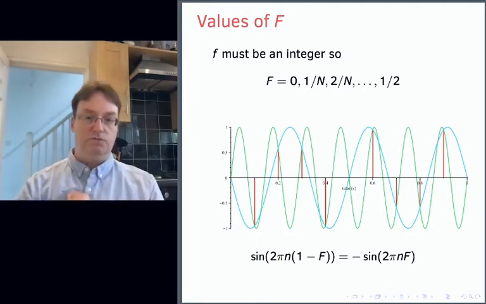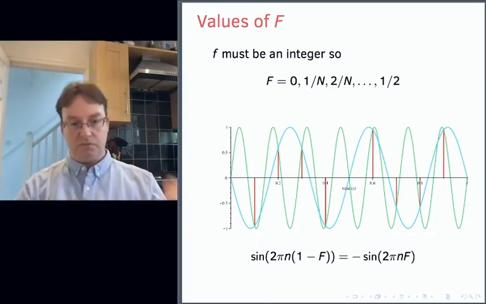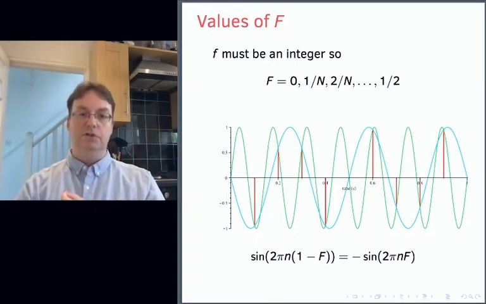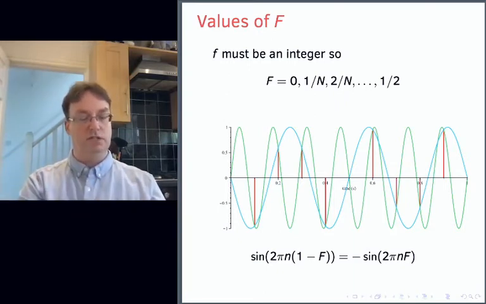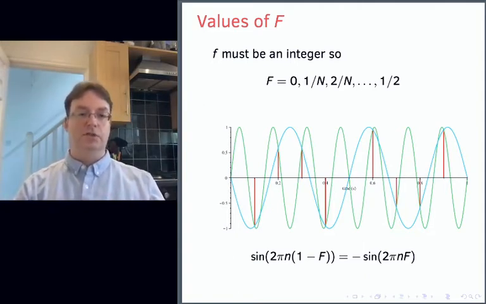Well, actually, I get it with a change of sign. This is because sine of 2 pi n times 1 minus f, well, sine of 2 pi n actually is just 0. We've made n full cycles. So I'm just left with sine of 2 pi n times minus f.